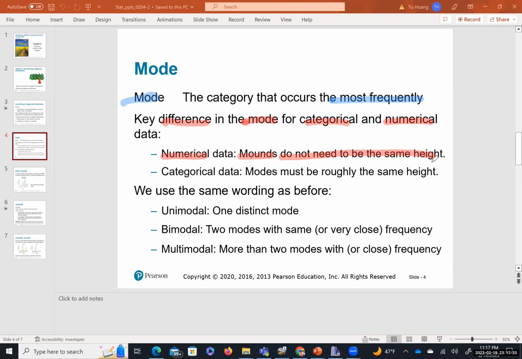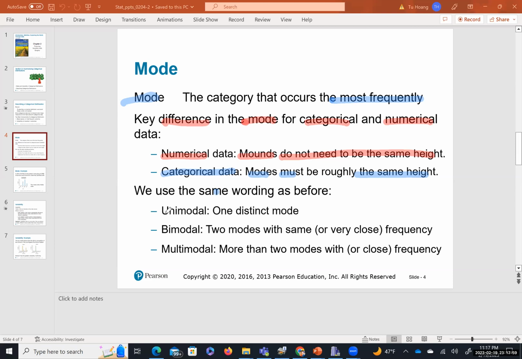But again, we are in this text, so we're going to consider each mound of numerical data to be a mode, and it does not need to be the same height. For categorical data, the modes must be roughly the same height. So we use the same wording as before.